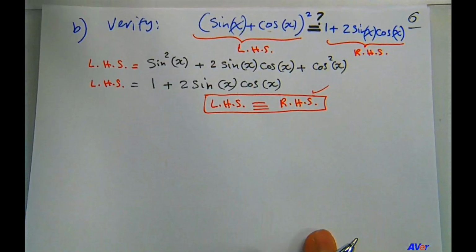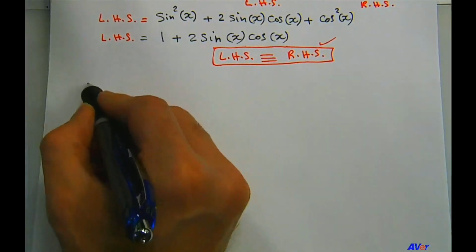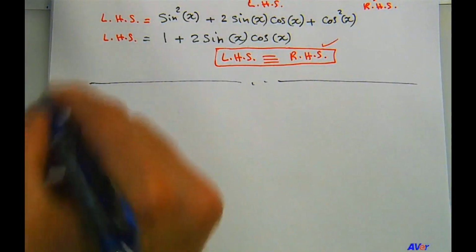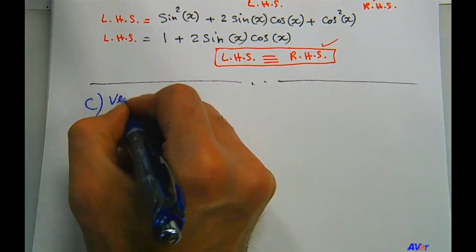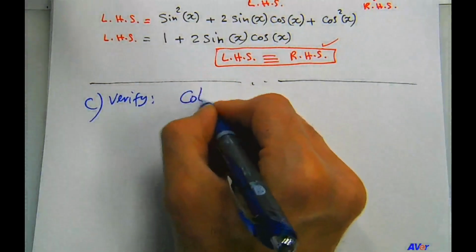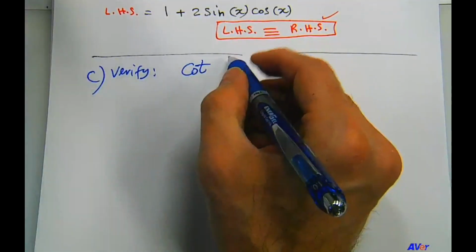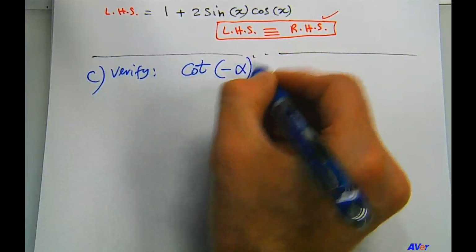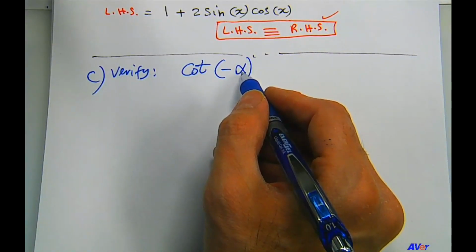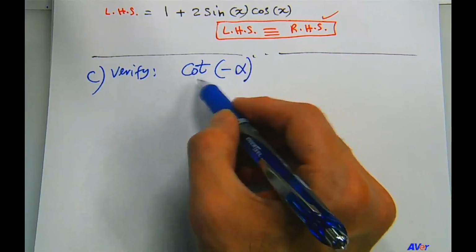Let's do another example. Suppose we want to verify this equation. We have cotangent of minus alpha. Alpha is another Greek letter that is often used in trigonometry as an argument of a trigonometric function.